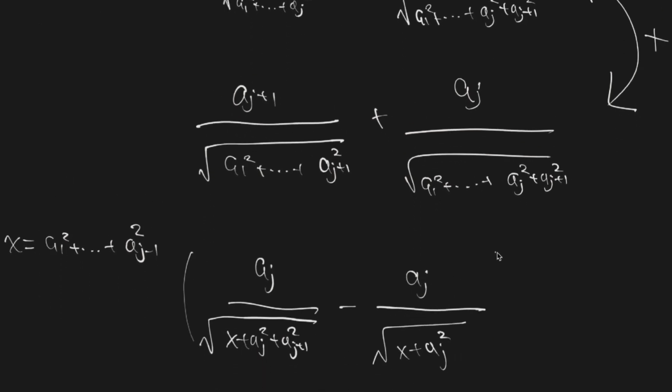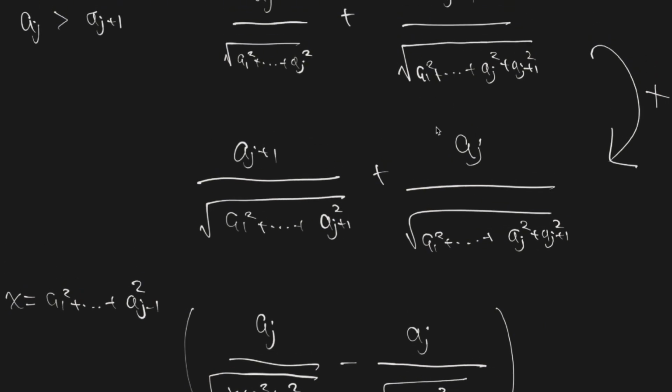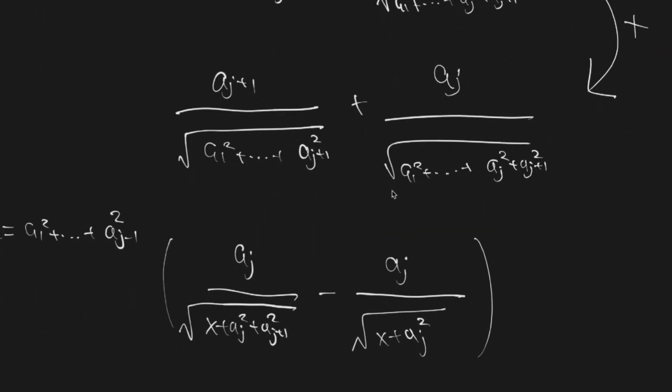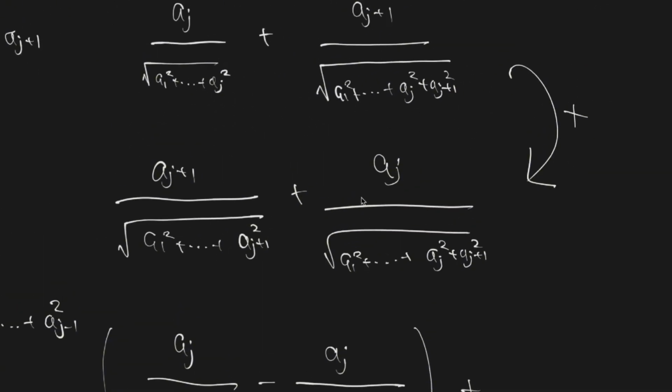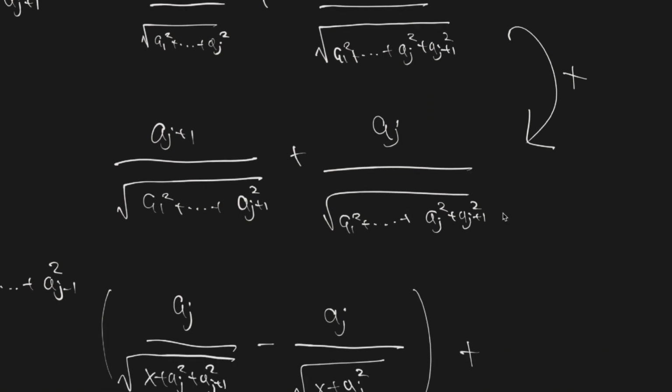This is one of our quantities, and the reason we're grouping them together is that they have this common term on the top, so maybe that'll help us out. And then we want to add this thing subtracted by this thing.